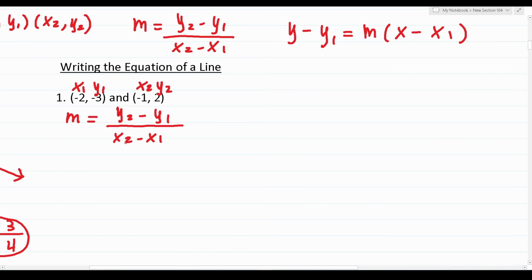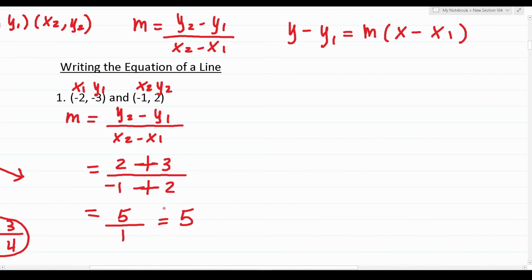We already know what all these values are. So y2 is right there, it's 2, minus y1, it's negative 3. x2 is negative 1, minus x1 is negative 2. Again, these double negatives become plus. 2 plus 3 is 5. Negative 1 plus 2 is just 1. 5 over 1 is just 5. So m in this case is 5.